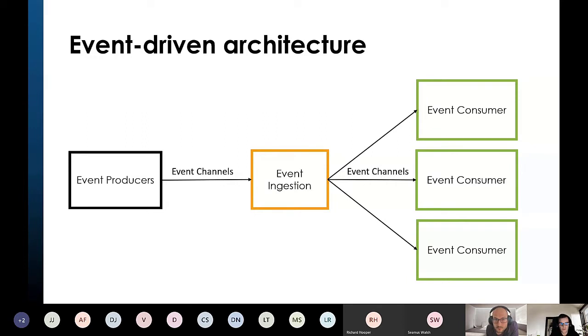So a typical event-driven architecture is composed of 4 logical layers. We start with event producers that represent the facts as messages and send them to the event processing engine via the event channels available.